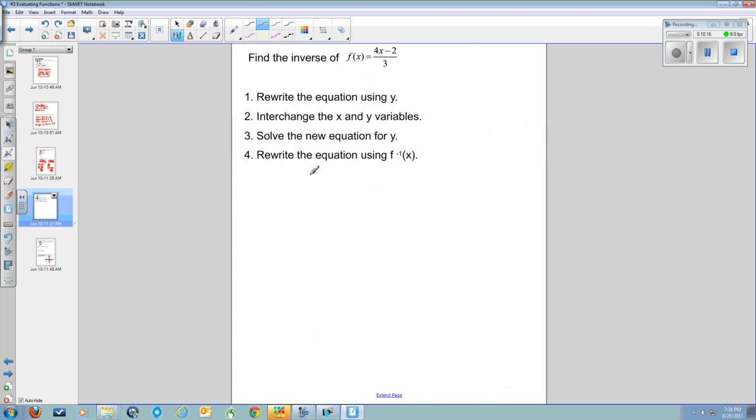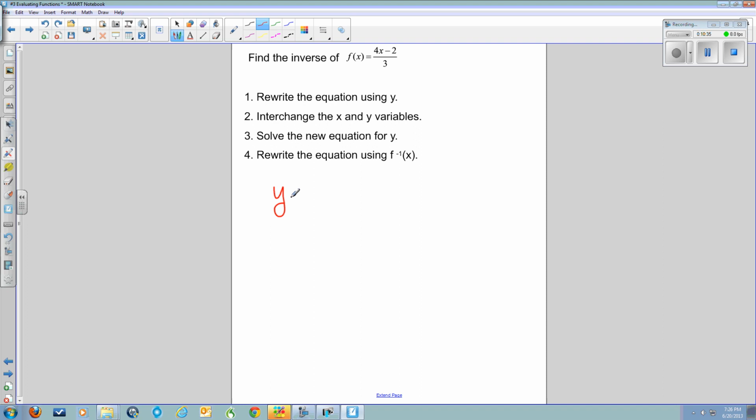Let's say we want to find the inverse of f of x equals 4x minus 2 all divided by 3. Now, just like we did before when we learned about inverses, we want to rewrite the equation using y and then switch the x and y variables.